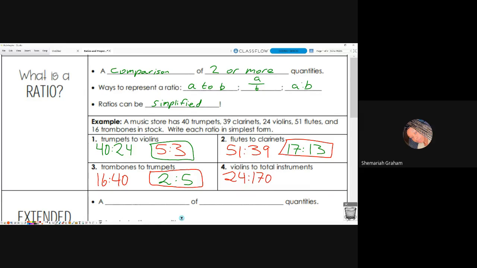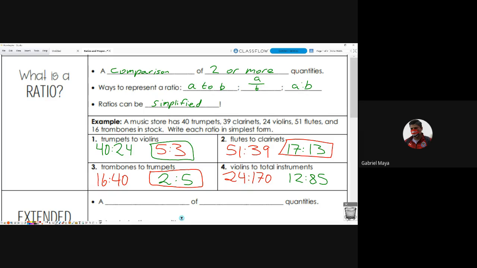And then I simplified it and got 12 to 85.